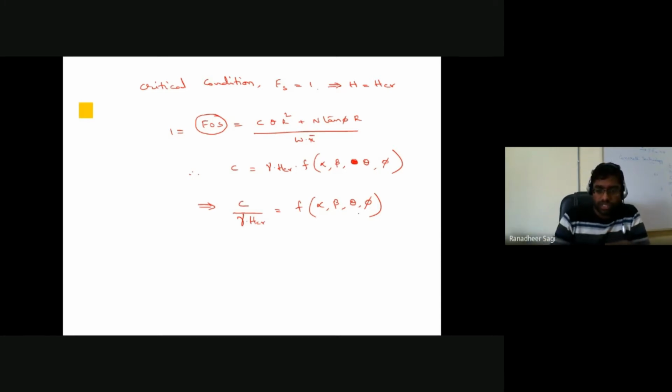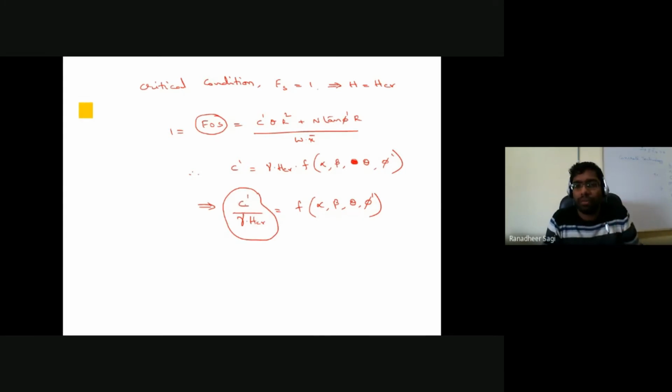Now, if you look at this particular ratio of c by gamma into h critical, in terms of effective stress these parameters are c dash and phi dash. In terms of total stresses, we'll represent it as c and phi. Okay, it doesn't matter. So this ratio of c or c dash by gamma into h critical is what is represented as small m.